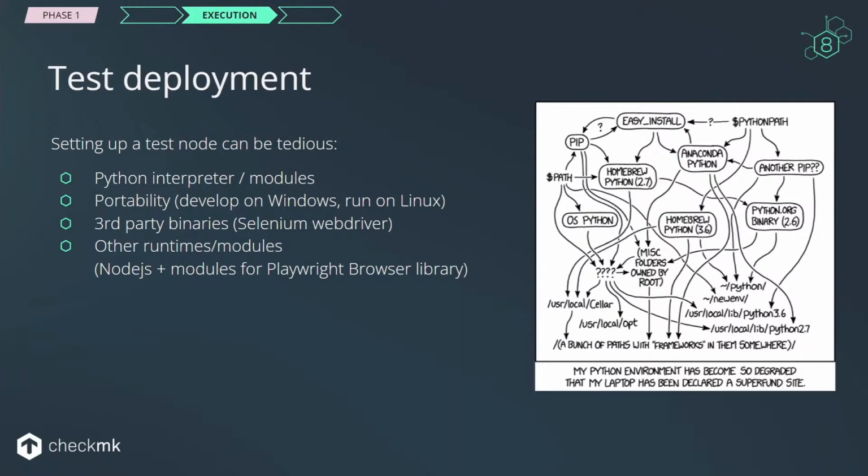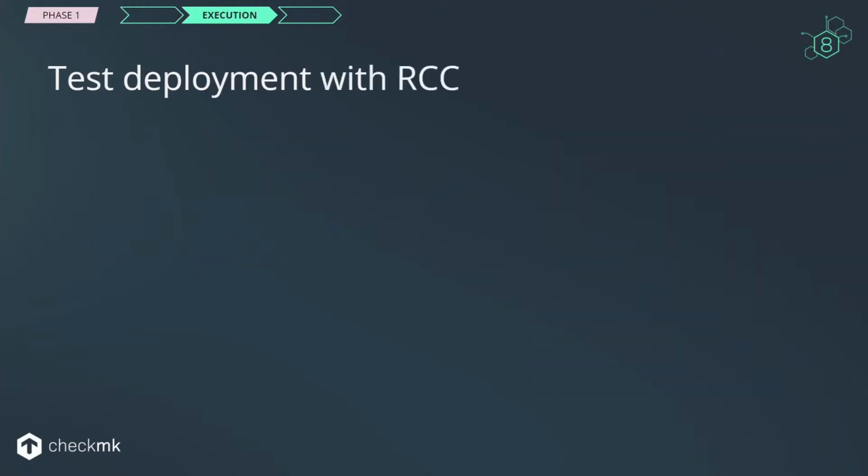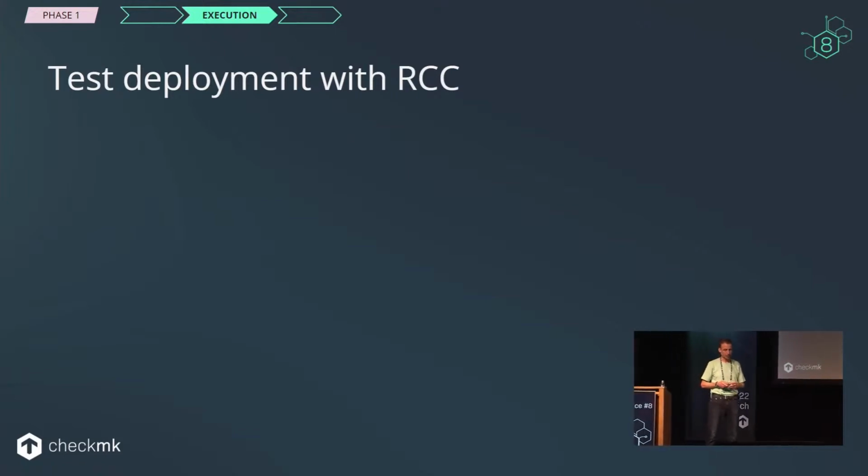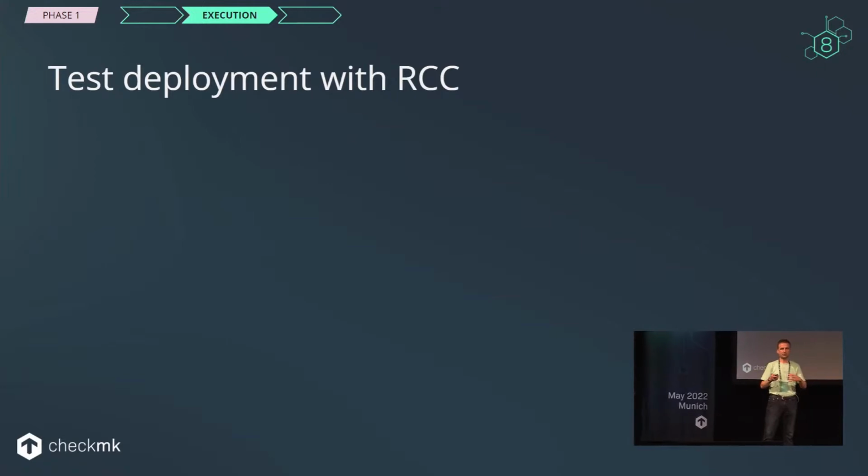Instead, I discovered a very cool tool last year, which is called RCC. RCC stands for Robocorp Command Line Client. And the company behind RCC, Robocorp, allows their customers to run Robot Framework tests on their container infrastructure. Or to be more general, you can run any code on their infrastructure.